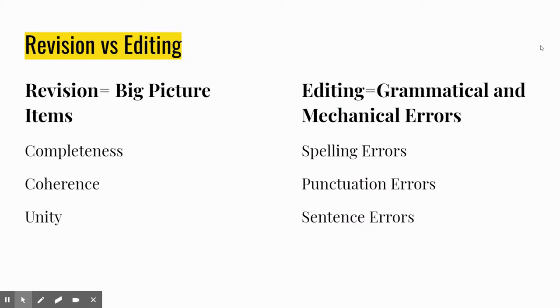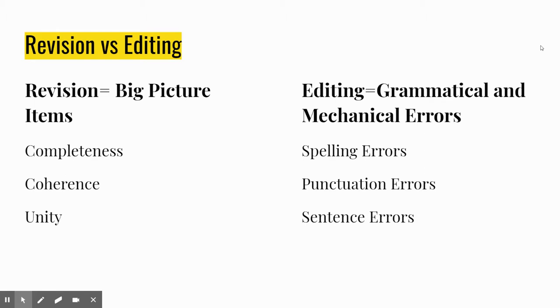Revision, as I've said earlier, is a big picture. Editing is the grammatical and mechanical errors. And I think we have spent too much time viewing editing, or mistaking editing, for revision. Revision should be, how complete is it? How coherent is it? How unified is it?